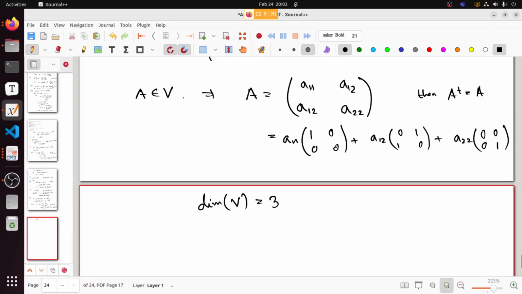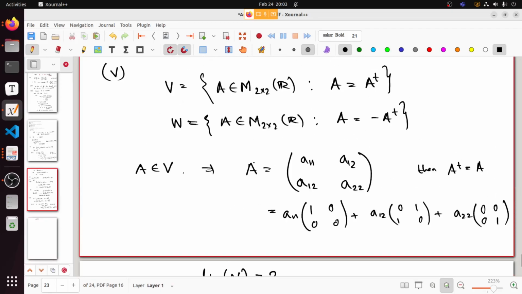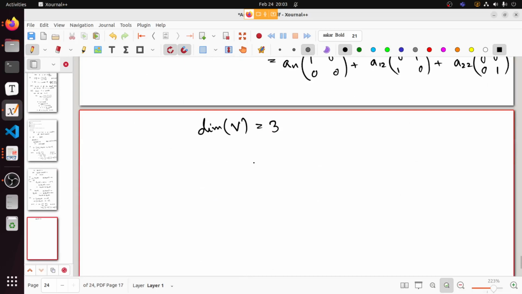And what about the skew-symmetric matrices? If B is in W, then B should be of the form where the diagonal elements are 0: 0 A12, minus A12 0, because if there is something on the diagonal, then after taking the transpose and negating it will not be the same.